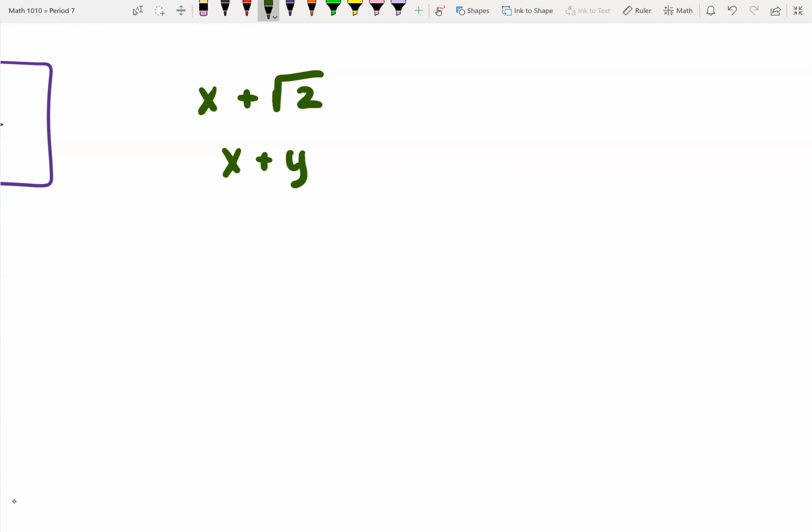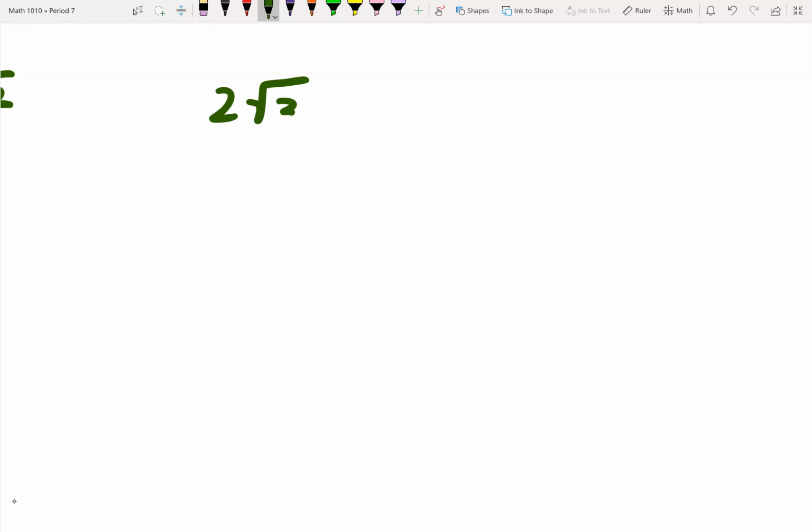So if you had this, everybody look right here. If you had 2 square root of 3, and that was over 6, how many people in that picture? Tell me. 2 people. Your brain sees 2y over 6. That square root of 3 is not going to change.